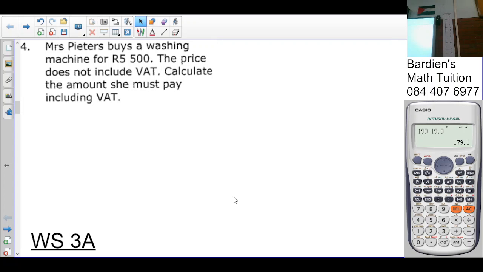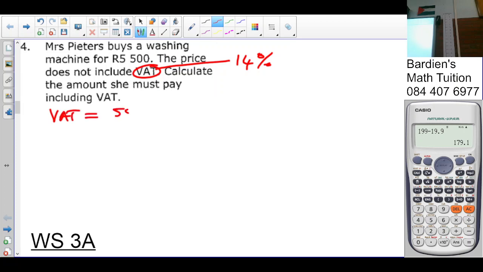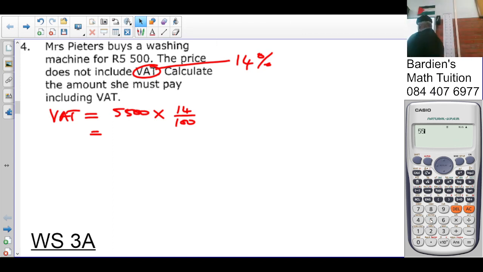So we said VAT was in this exercise set at 14%. Do we add that 14% or take it off? We add that 14%. So the VAT is going to be 5,500 Rand multiplied by 14 over 100. Why is it over 100? Because that's your percentage. That gives you 770 Rand VAT.